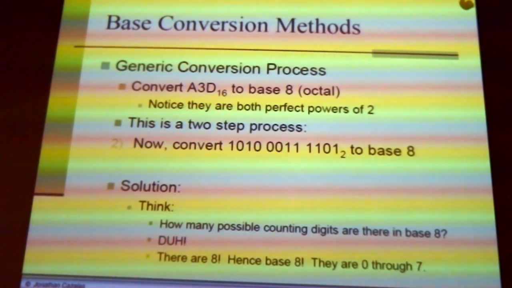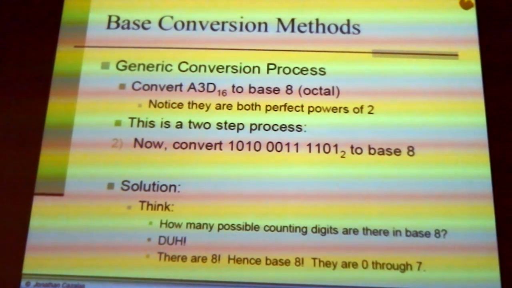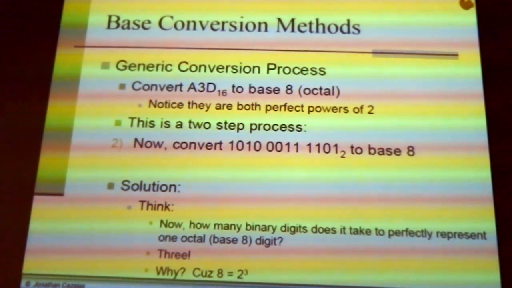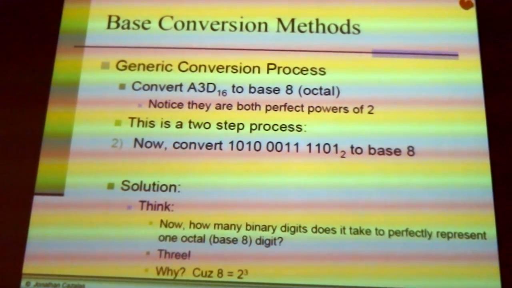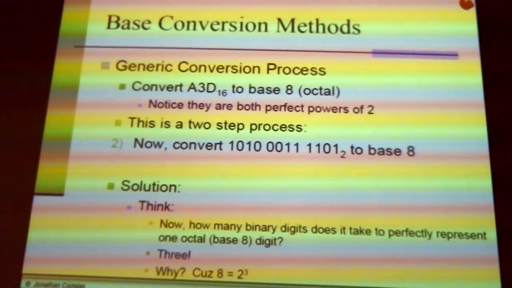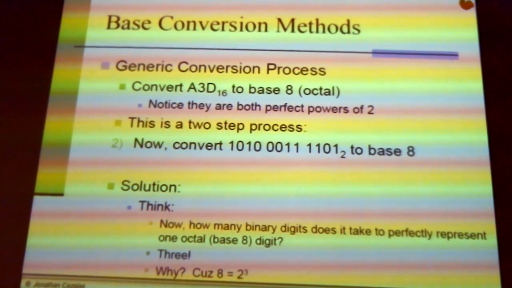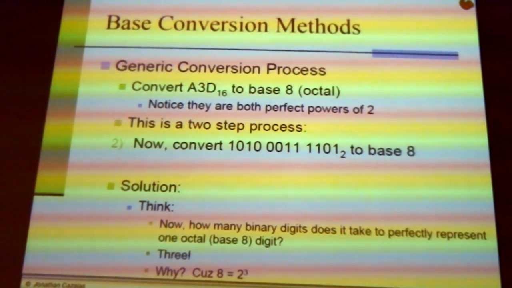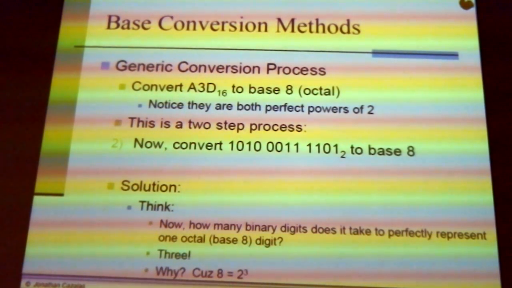Octal is 0 to 7. Again, it's another numbering system that we deal with on a regular basis. Here we want to convert our binary to base 8. Instead of blocks of 4, like binary, octal is in blocks of 3.